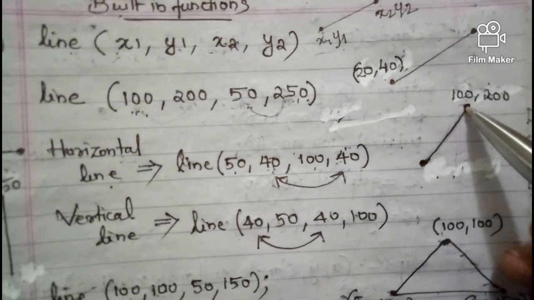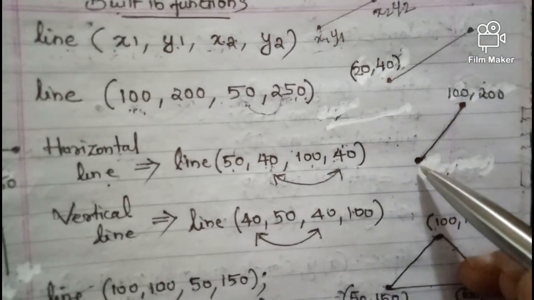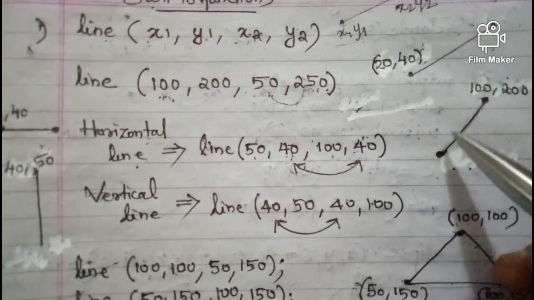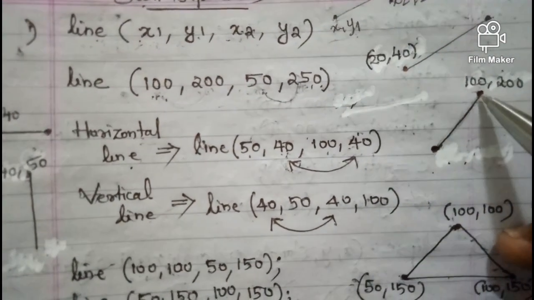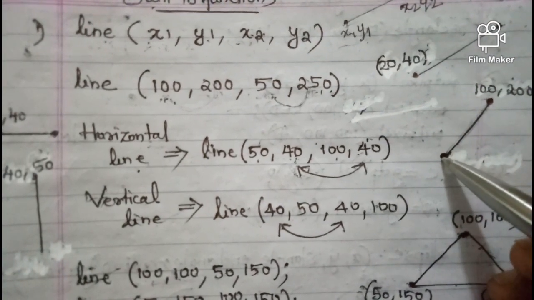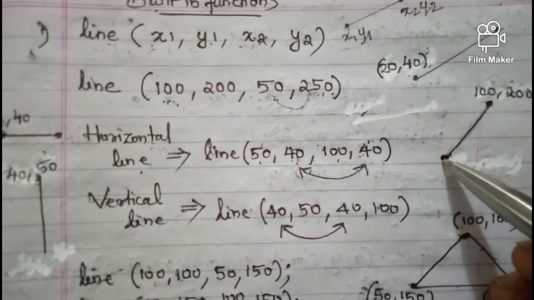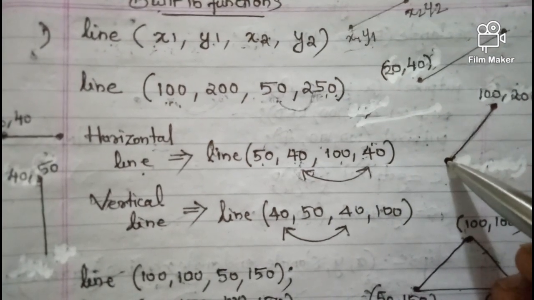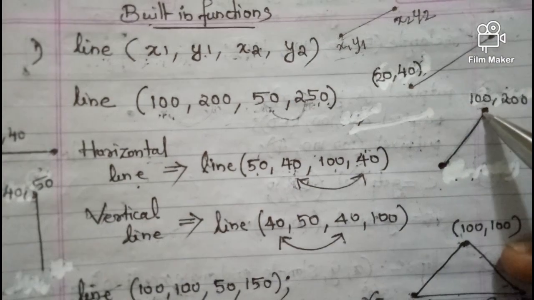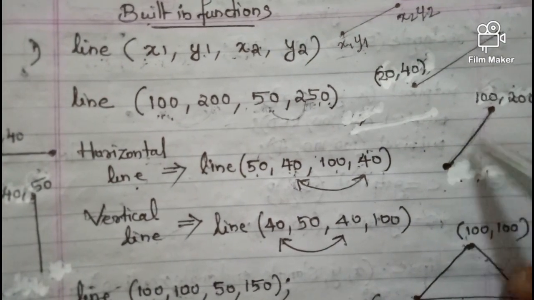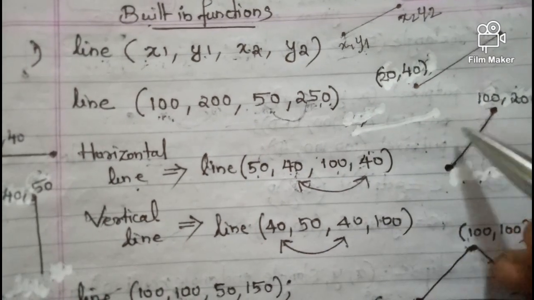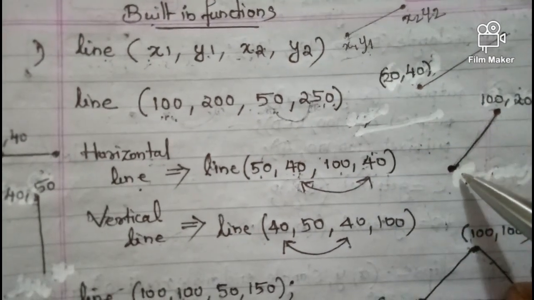Okay, now I am going to find the second point. But to find the second point, you have to be more careful. Let's see how. From this point, we have to move to this point. That means to reach this end point, the second point, let us examine where it lies. Compared to the first point, the second point lies to the left side and we have to move downwards.